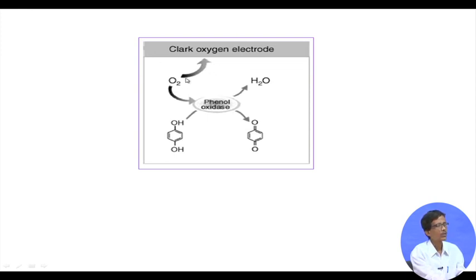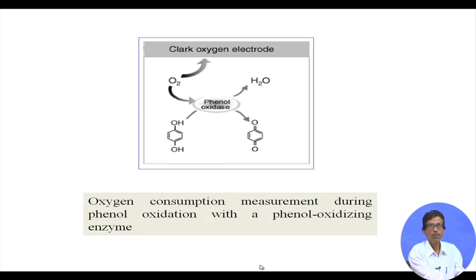With the Clark oxygen electrode, the O2 concentration in the enclosed area can be determined. If this O2 is being consumed by the phenol oxidase and forming water, you can monitor the reduction in O2 concentration as well as the formation of the quinone.